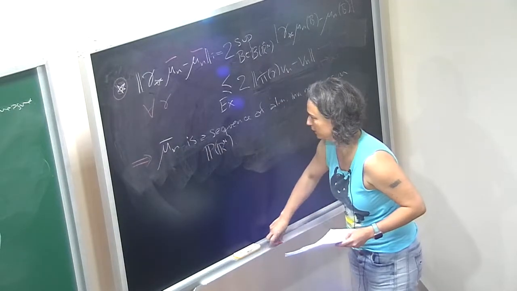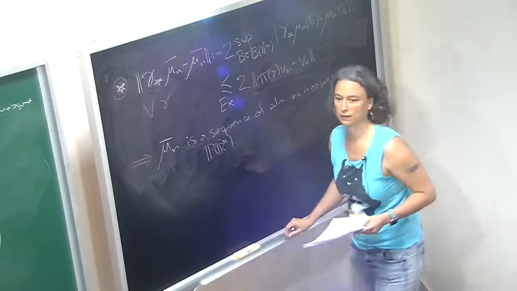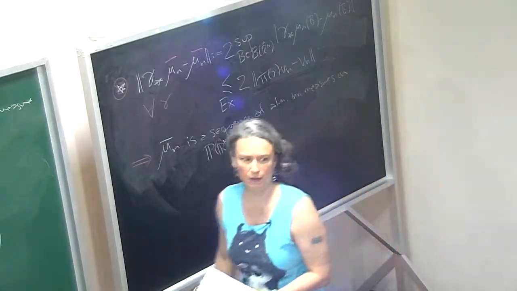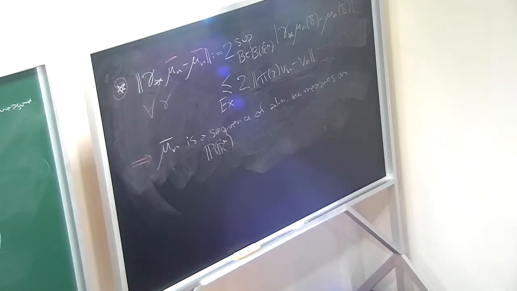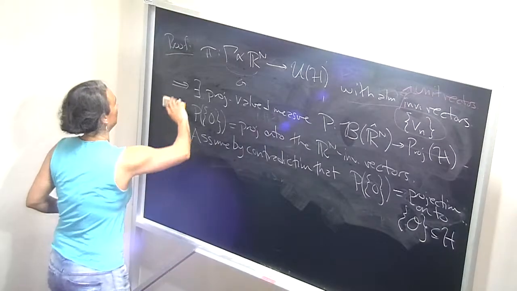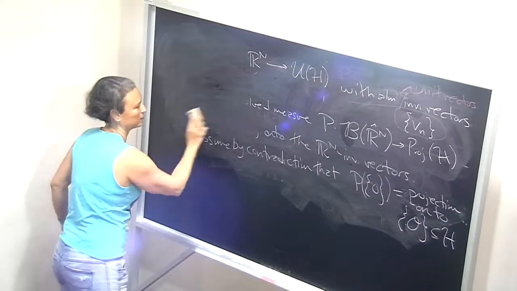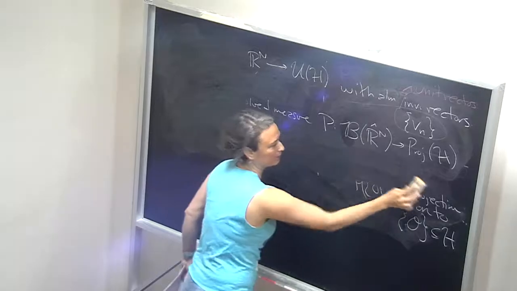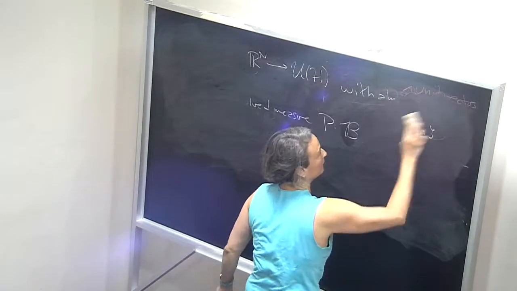And with a little dual. So what do I know about probability measures on a compact metrizable space? Anybody?